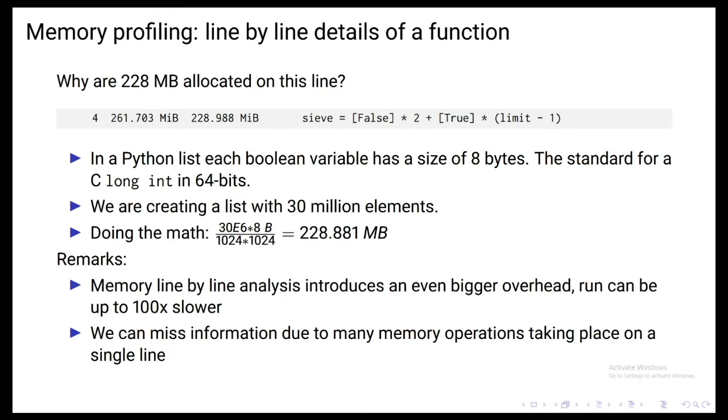So we might wonder why we have this huge amount of memory allocated when we create this Python list of 30 million elements. We can do a little bit of math, and we have to take into account that by default, when you create a Python list, each element of the list will take at least 8 bytes.